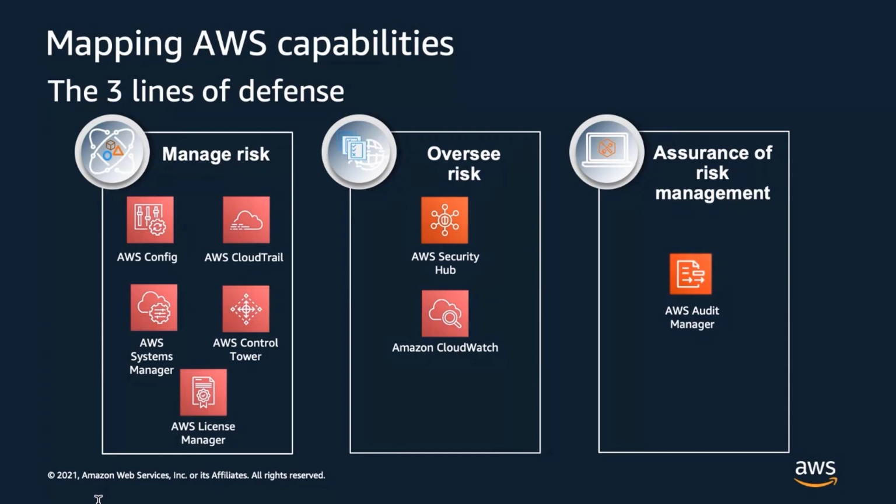Our second line are the control functions that set the guardrails and controls and oversee that risk and compliance are being effectively managed. This is our second line, oversee risk. Finally, the third line, assurance of risk management, are the functions that provide independent assurance as to the effectiveness of the risk management and compliance.